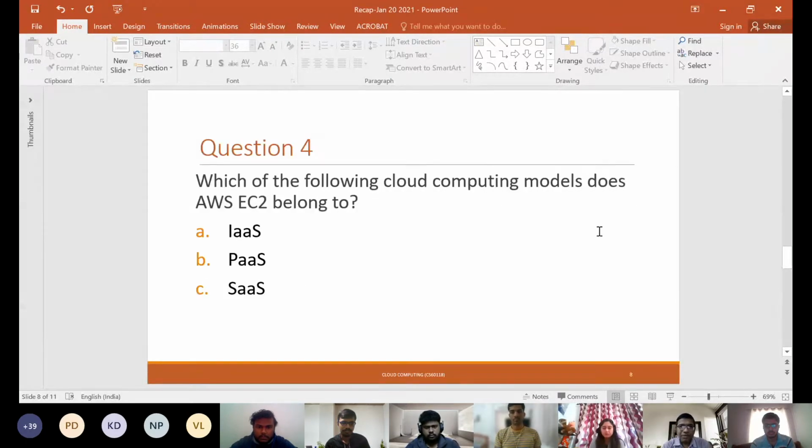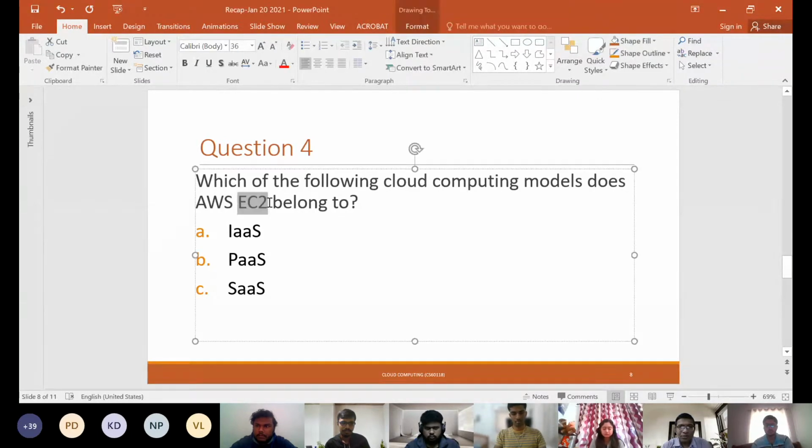Next question. Which of the following cloud computing models does AWS EC2 belong to? I think most of you know AWS is a public cloud, right? So they have this kind of service, EC2. So, is it infrastructure as a service or platform as a service or software as a service?